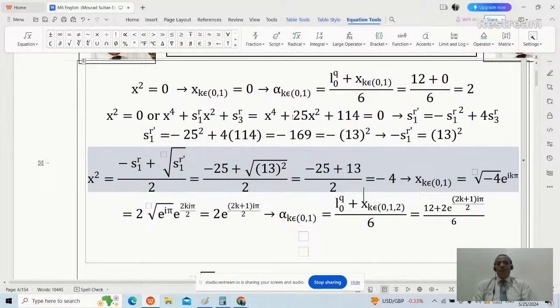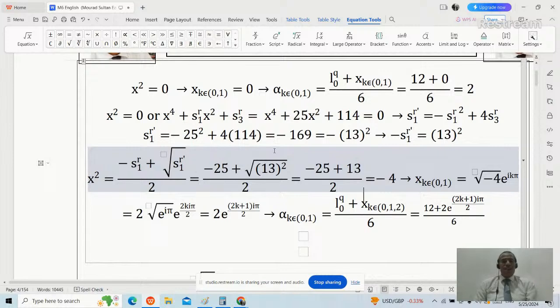Therefore, I will write negative 25, because s1 is 25, negative 25 plus root of 13 squared, of course, which is 13, divided by 2, is negative 4. Therefore, x² is negative 4, meaning that you should find two complex roots for this polynomial to the power 6.